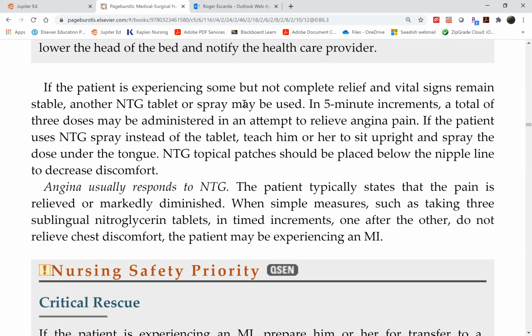Does MI respond to nitro? No. The chest pain here is only relieved by opioids, not nitro. We have nitro spray now, which is better than the tablet because at least you don't need to moisten the mouth. So nitro can be a sublingual tablet or a spray.